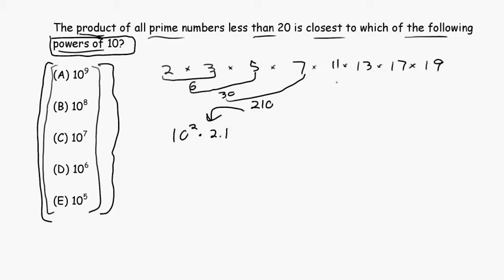For 11, we have 10 times 1.1. For 13, we have 10 times 1.3. For 17, we have 10 times 1.7. And for 19, we have 10 times 1.9.